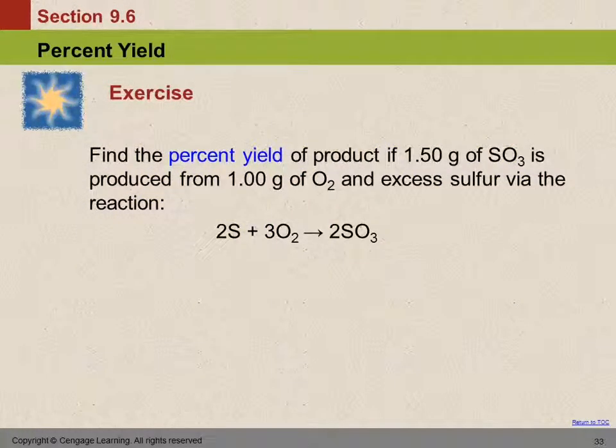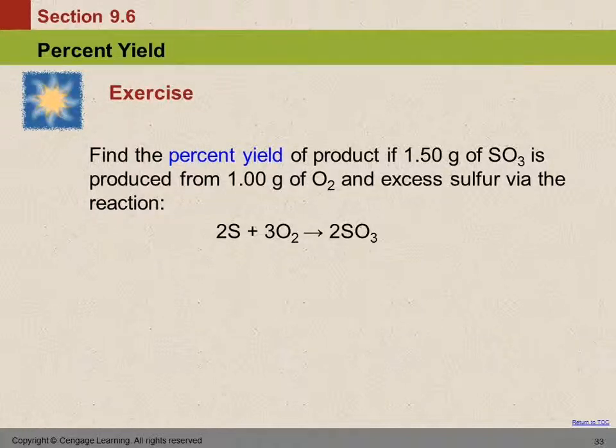Here's another one. Find the percent yield of product if 1.50 grams of SO3 is produced from 1.00 grams of oxygen and excess sulfur via the reaction 2S plus 3O2 yields 2 SO3. So the words percent yield are highlighted there. I read through the problem. Now I'm going to pick it apart.